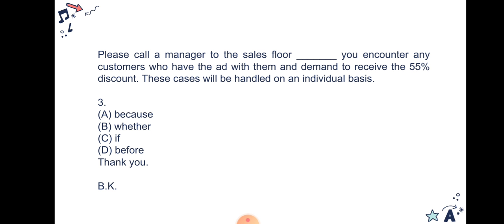Choice B requires two things to occur. Call the manager whether or not to the customer complaints. Choice D is illogical in context because a salesperson wouldn't call the manager to help before a customer complaint. The correct answer is C. The word if is required to complete the conditional clause.